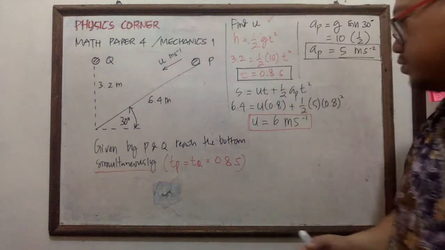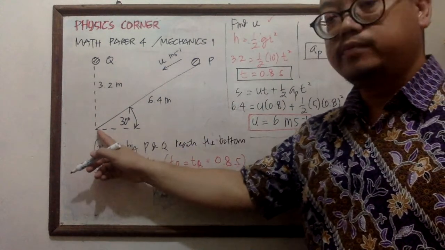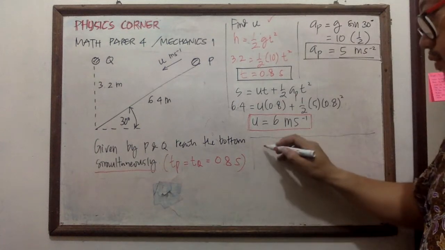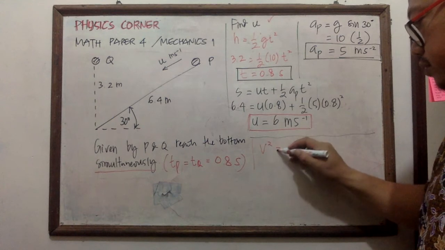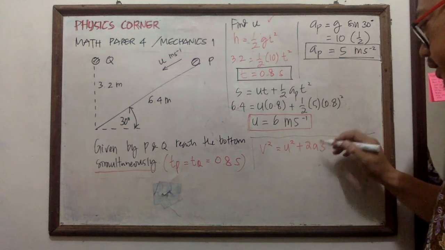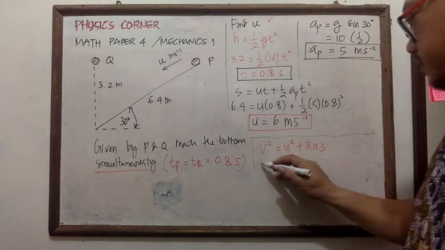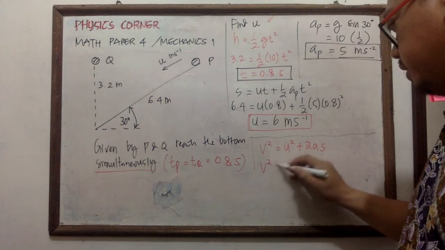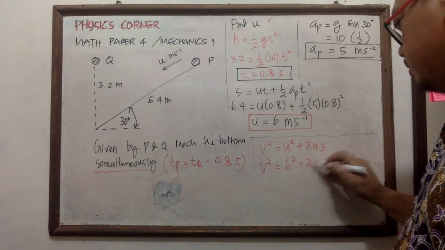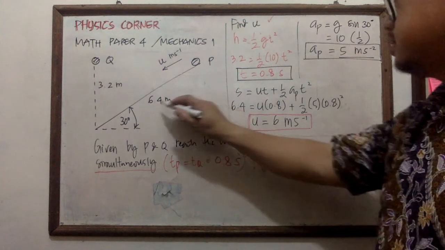The second question is VP when they reach the bottom. We can use the formula v squared equals u squared plus 2as. VP squared equals u as 6 squared plus 2a, where a is 5 and s is 6.4.